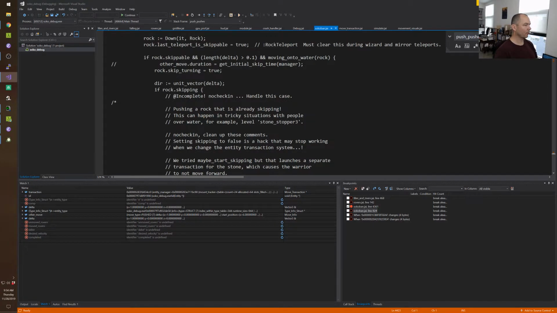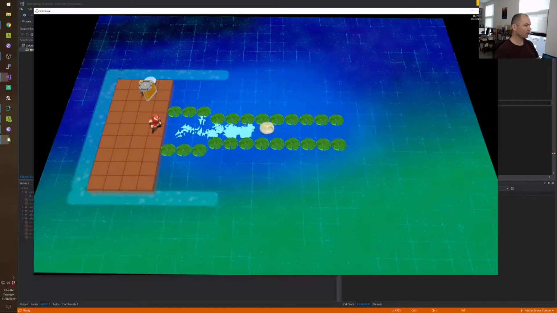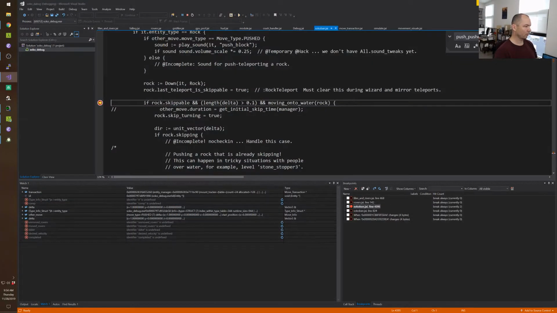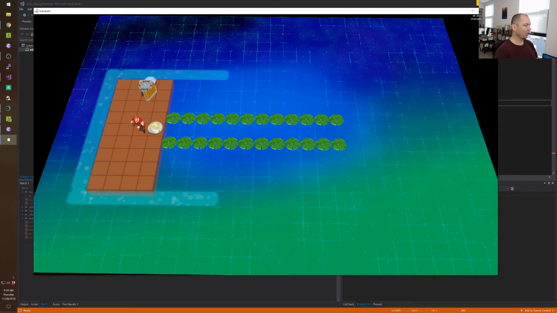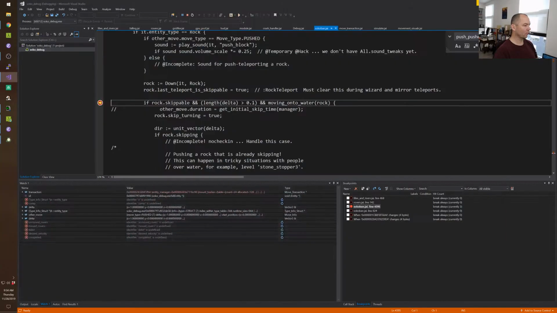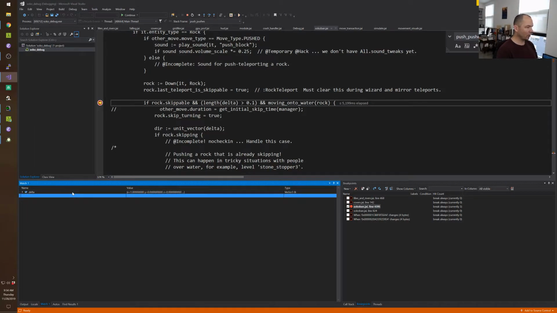Well, hold on. My key is stuck down. All right. So one of these is not true. What is delta? Length of delta is going to be 1. So moving on to water is probably commented out and returns false or something.